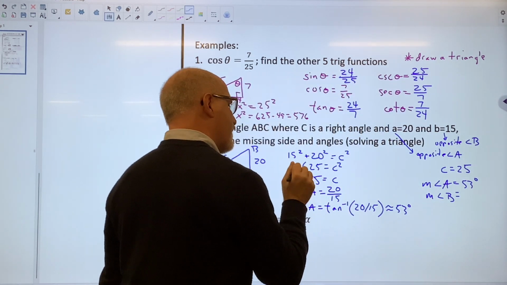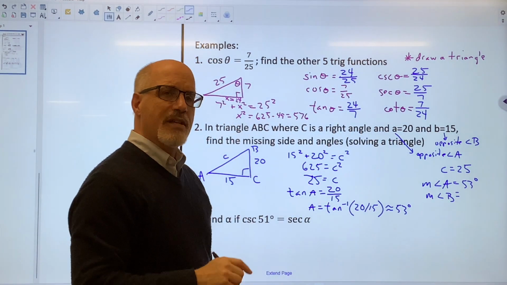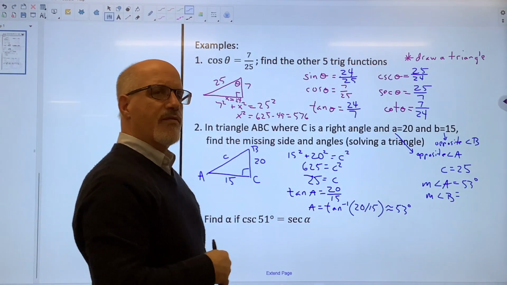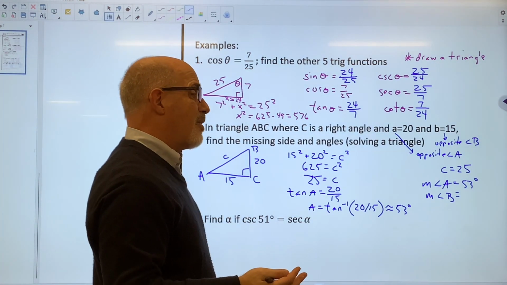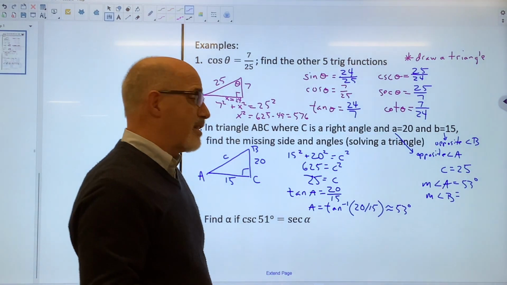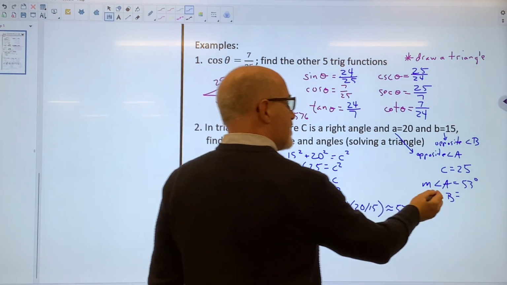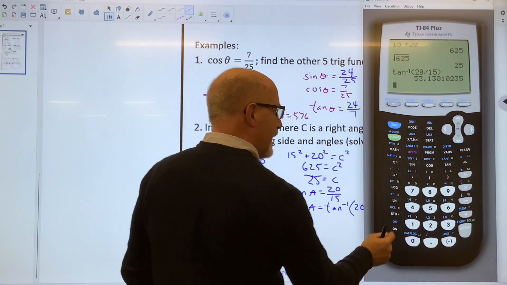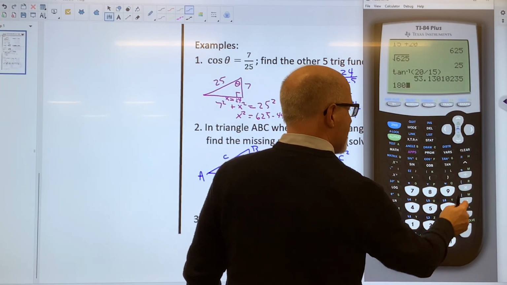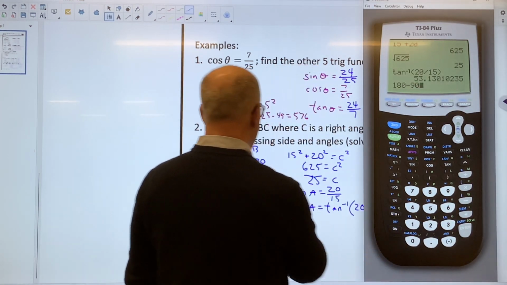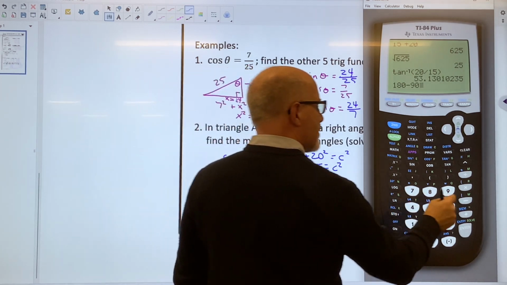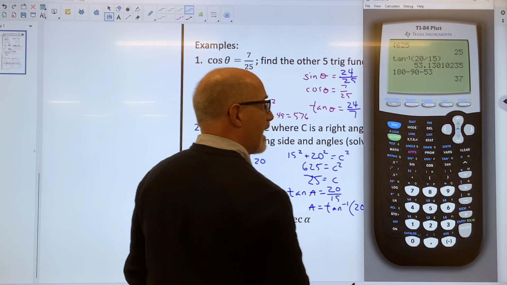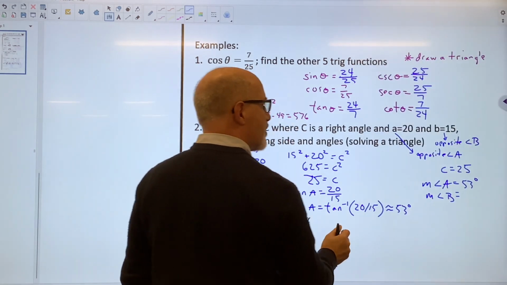Now I've got to find out what the measure of angle B is. Well, you could do the same thing for the measure of angle B by using an inverse trig function, but now we know two angles. To find the third, all you have to do is subtract them from 180. So I'm going to take my 180, I'm going to subtract 90, the given right angle, and then I'm going to subtract the 53 I just calculated for the measure of angle A, and I get 37 degrees.